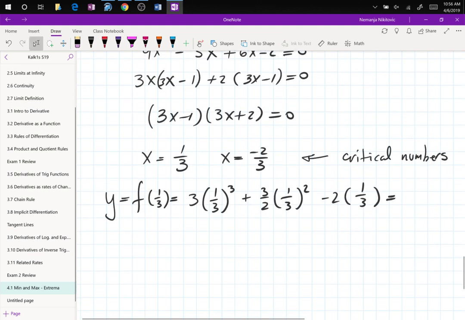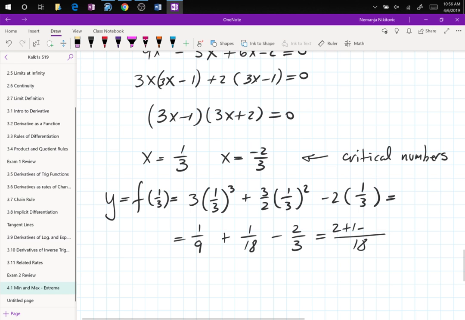Work out some fractions. 3 will kill one of these, so you just get 1/9. Over here, 1/3 dies, so this is 1/18. And over here is negative 2/3. For 18 as a common denominator, that's 2 plus 1 minus 6.